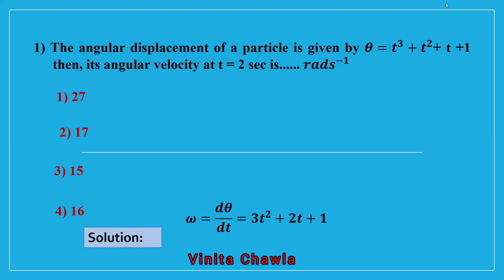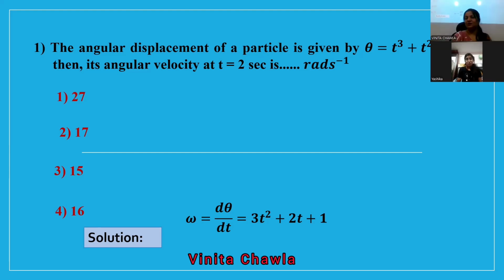You know how to do differentiation? Who doesn't know differentiation? Yashika, do you know differentiation, beta? Yes ma'am, after watching your lectures it became clear. Oh, it became clear with that. Okay, good. 17. Okay, put t is equal to 2, you'll get this. 17 radian per second is the correct answer.